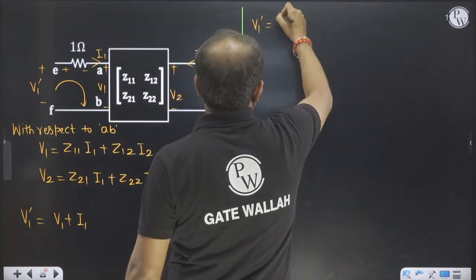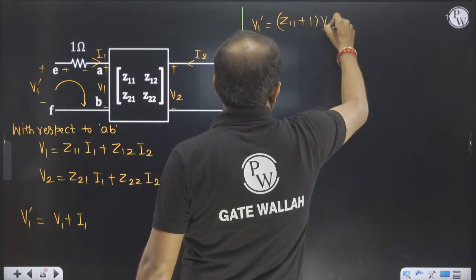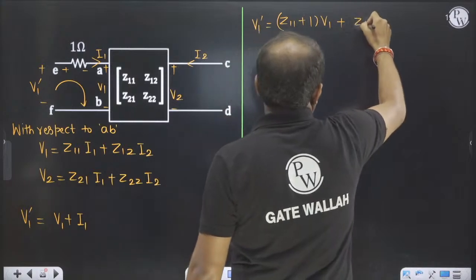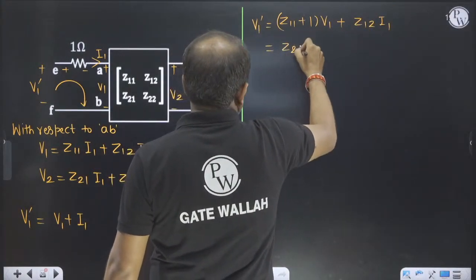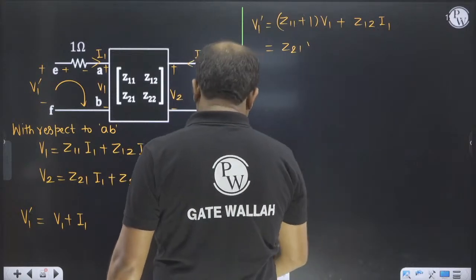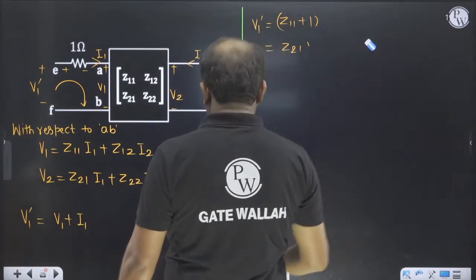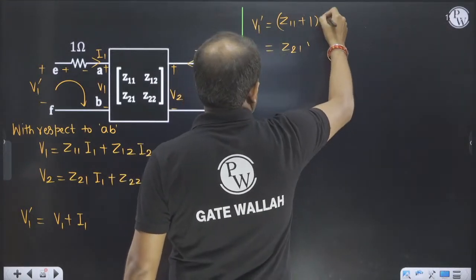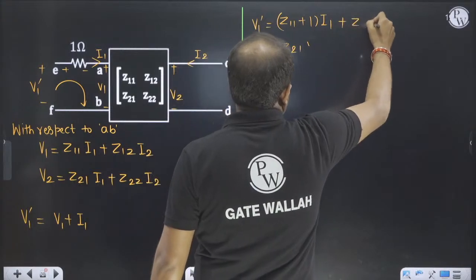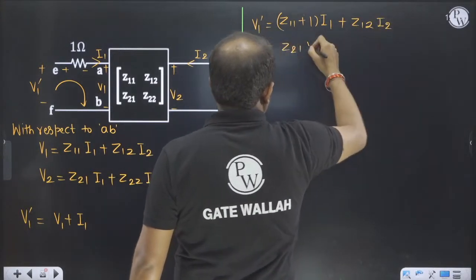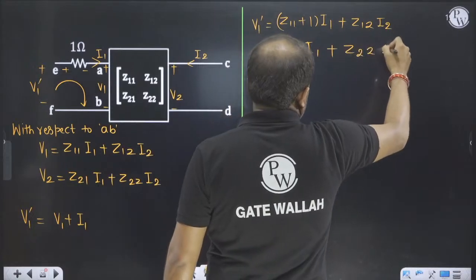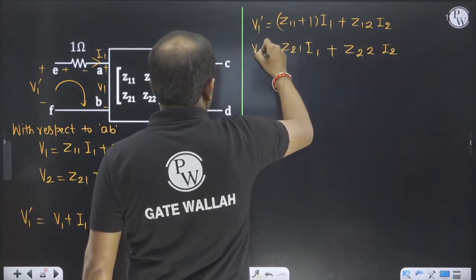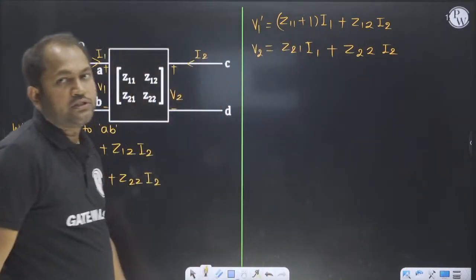So Z11 plus 1 into I1 plus Z12 I2, and Z21 I1 and Z22 I2. So this is our new Z matrix.